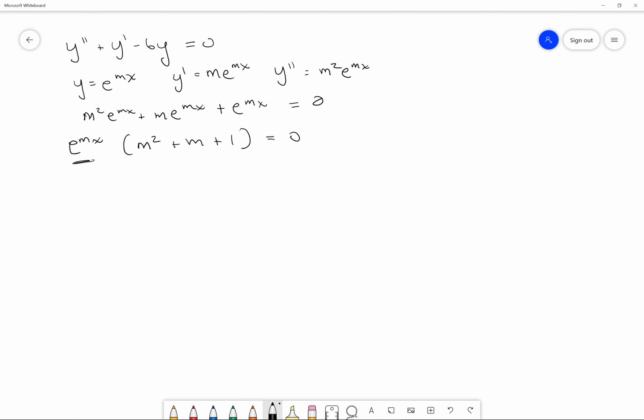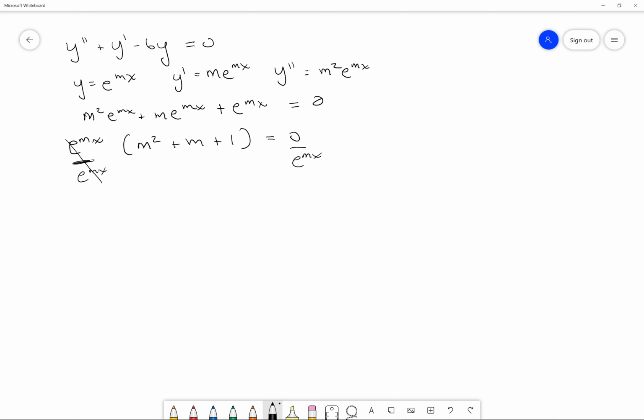Now, e to the mx will never be 0, so we could divide it out from both sides if we like.